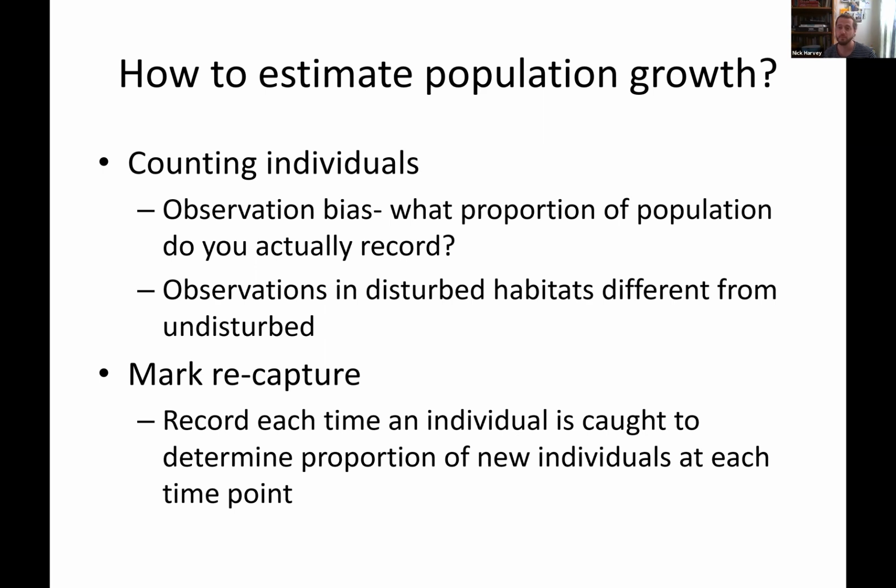Therefore, we're overestimating the population size. So if we can't observe the whole population in one go, another way of trying to estimate population size is to find individuals repeatedly, and to do this thing called mark recapture, which I will get onto an example of in a second.